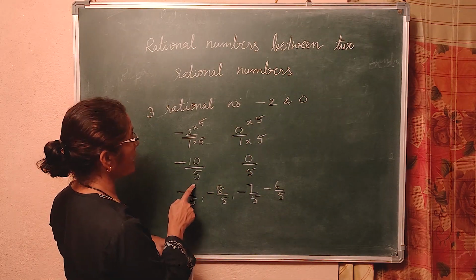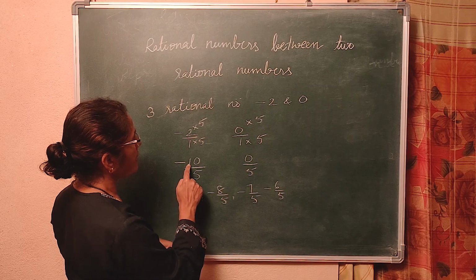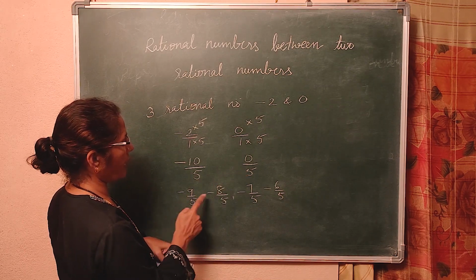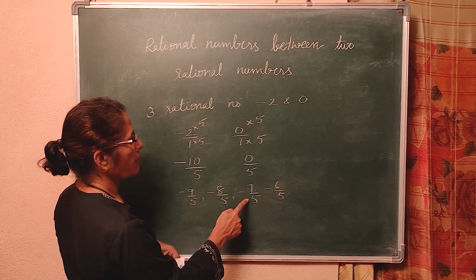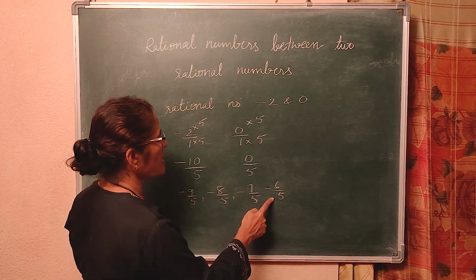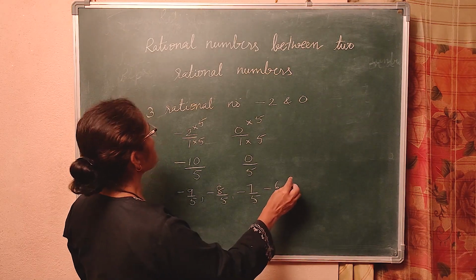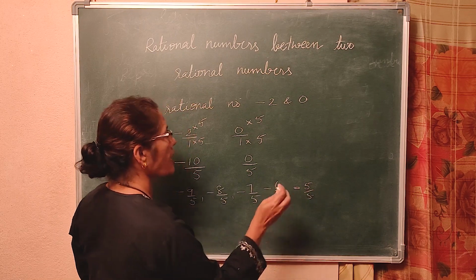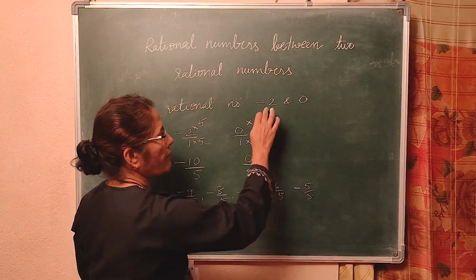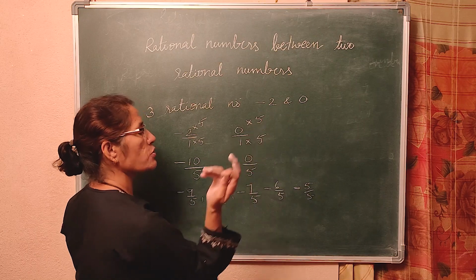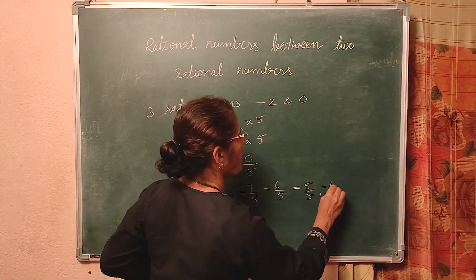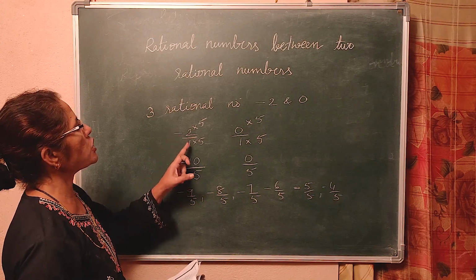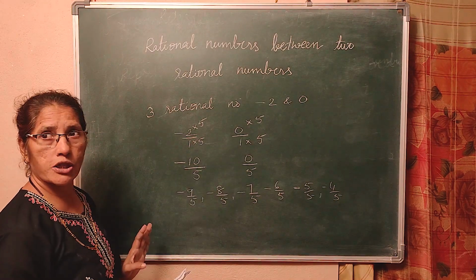So you can write down the rational numbers between minus 10 by 5 and 0 by 5: minus 9 by 5, minus 8 by 5, minus 7 by 5, minus 6 by 5, minus 5 by 5, right? What is minus 5 by 5? Minus 1. Is it between 0 and minus 2? Yes. So minus 4 by 5. All these are the rational numbers between minus 2 and 0. Did you all understand?